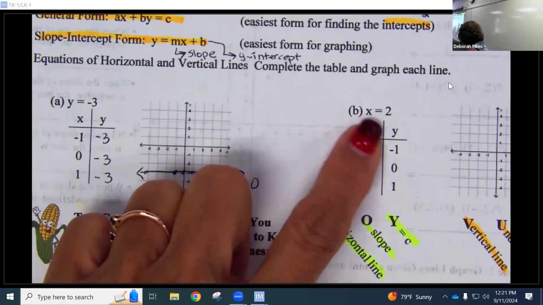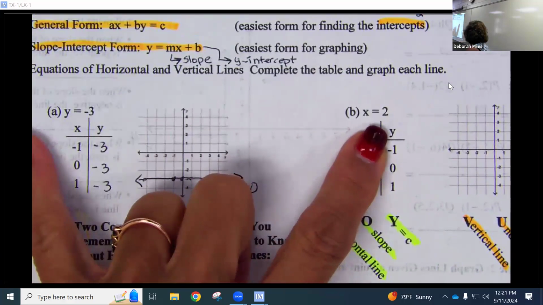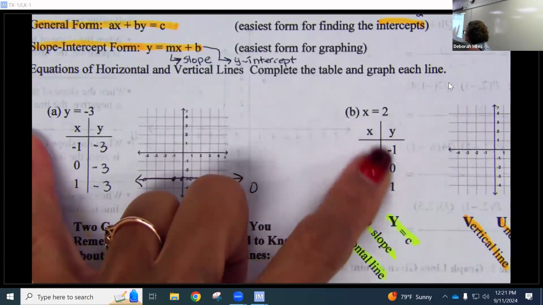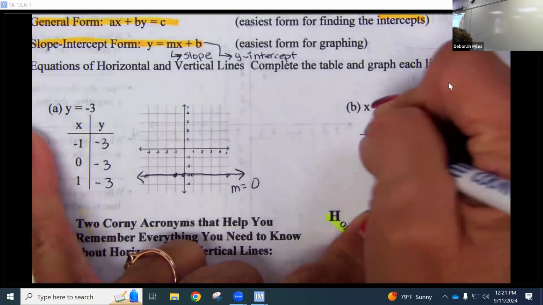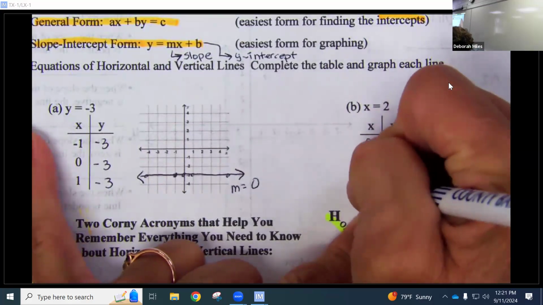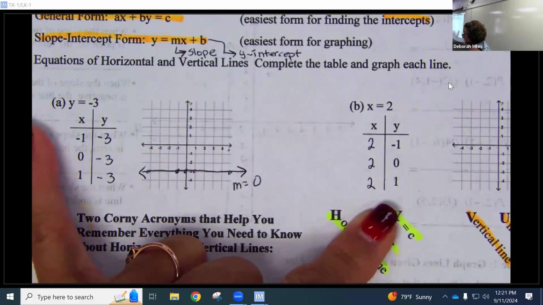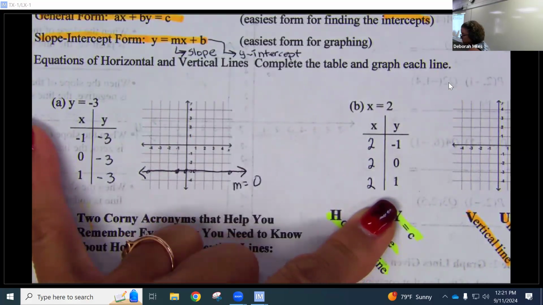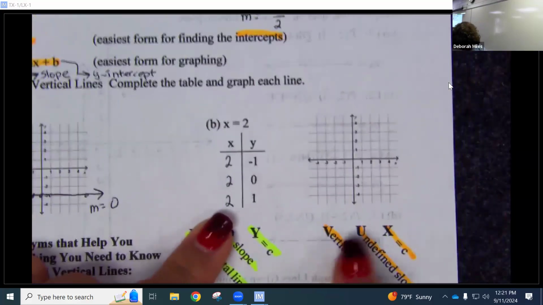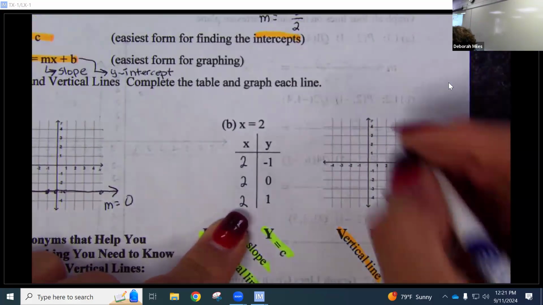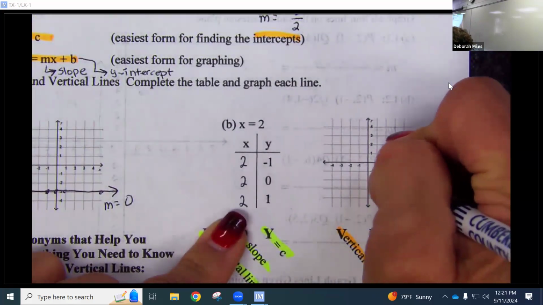The equation x equals 2 is saying x equals 2 no matter what y is. Y can be anything, and x is always 2. Think about all the ordered pairs where x is 2 in the Cartesian coordinate system. Here's 2, -1.